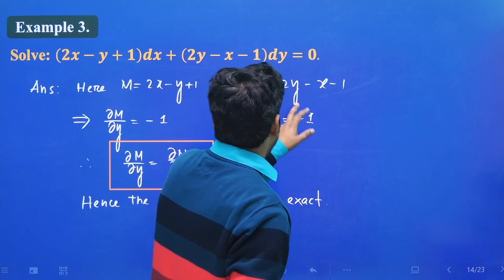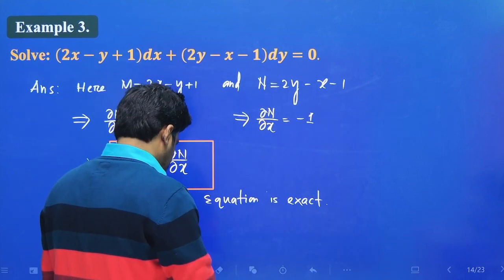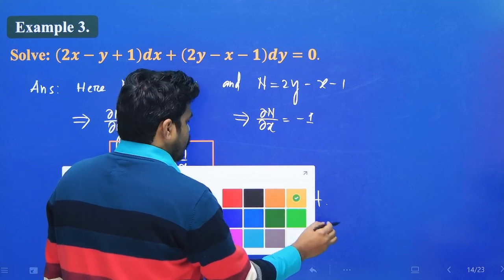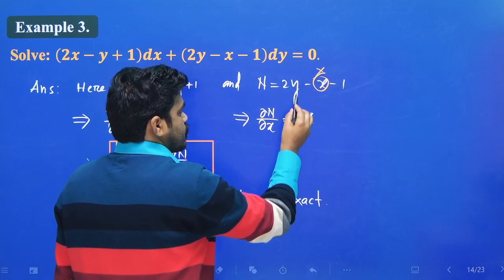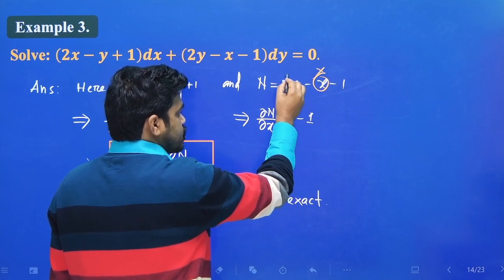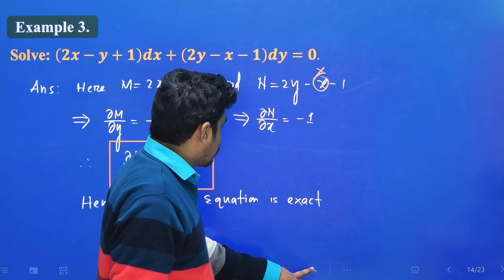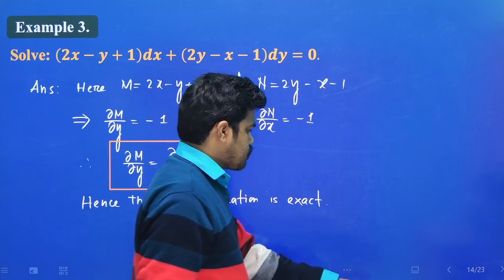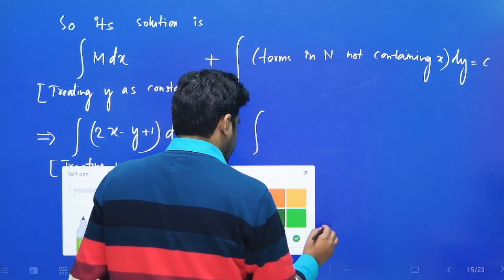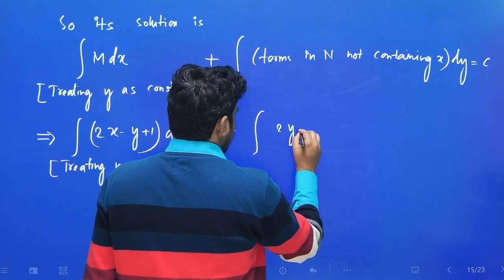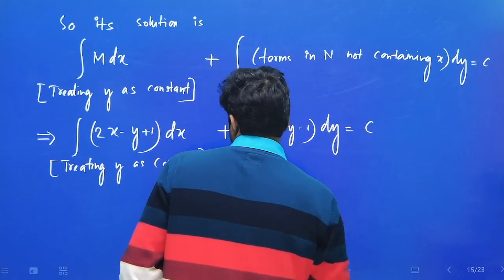So what is n? Here n is 2y minus x minus 1, right? Look, this contains x, so we cannot write this. This is free from x, so 2y minus 1, okay? So 2y minus 1 into dy is equal to c.